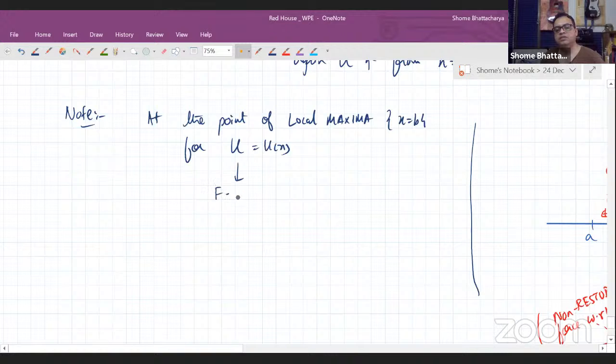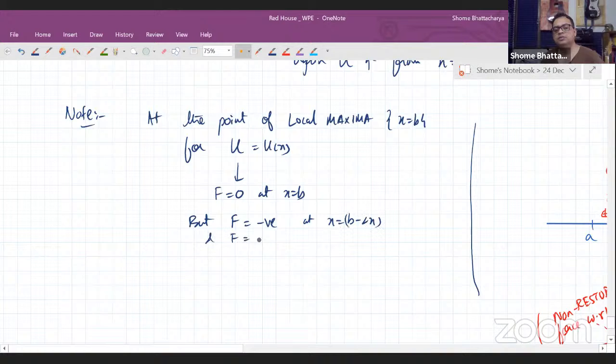Okay, force is 0 at x equal to b, but force is negative at x equal to b minus delta x, and force is positive at x equal to b plus delta x.